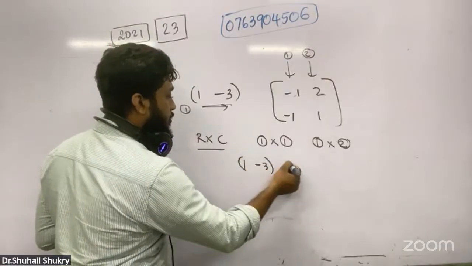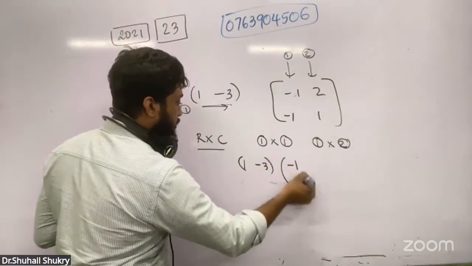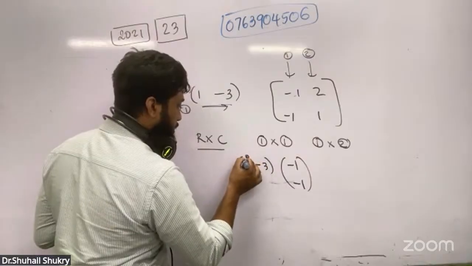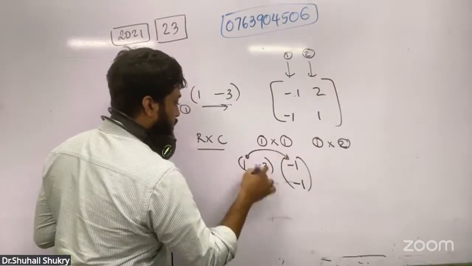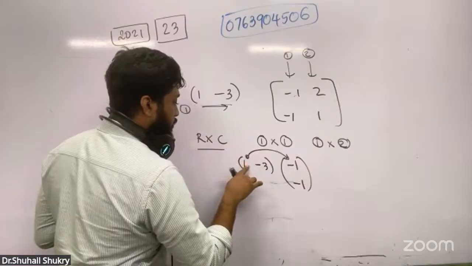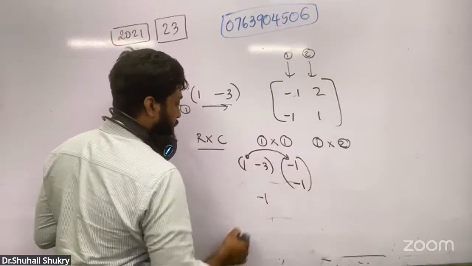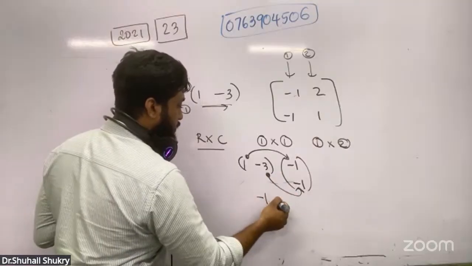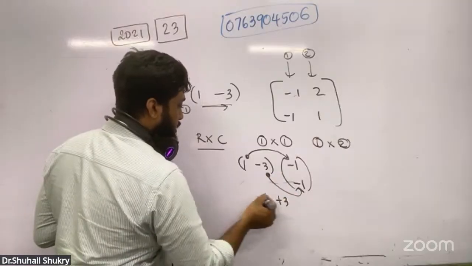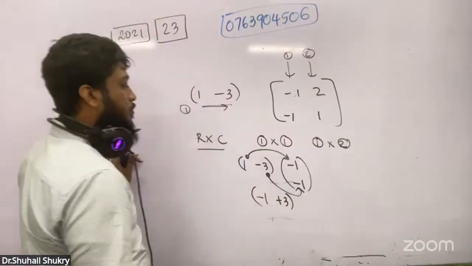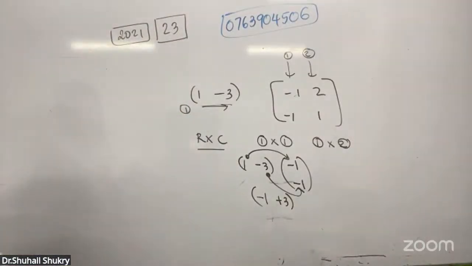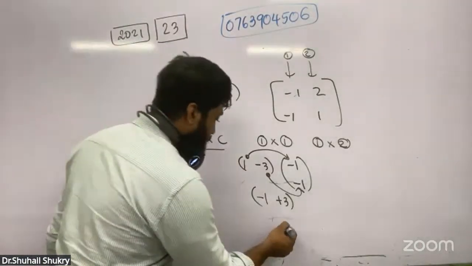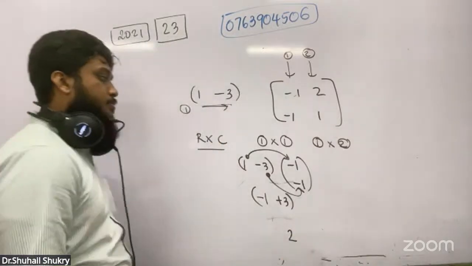What is the first column? Minus 1, minus 1. How to multiply? First one multiply by first one, second one multiply by second one. 1 into minus 1 we get minus 1. Minus 3 into minus 1 what do I get? Plus 3. These both I have to add. Minus 1 and plus 3, how much do I get? Plus 2 we will get here.